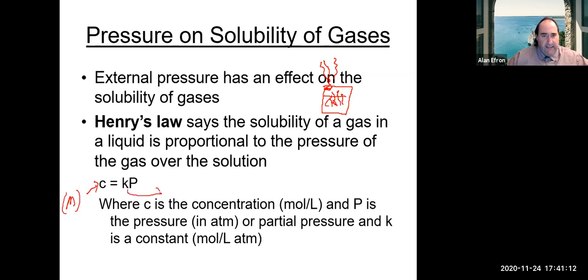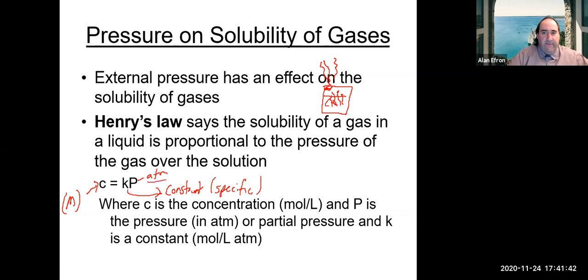K is a constant, the Henry's law constant, and it is specific for each substance. So there is a different Henry's law constant depending on the gas that you're dealing with. We'll see a table here in just a second, but it's basically a table value that you can look up for whatever substance you're dealing with. And P is pressure, and it's usually in atmospheres.